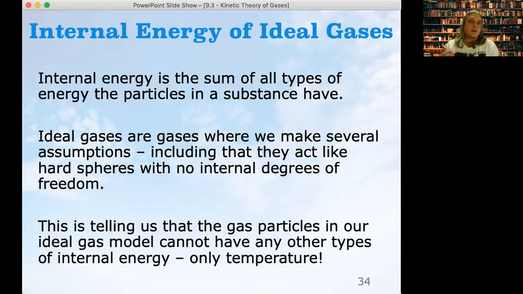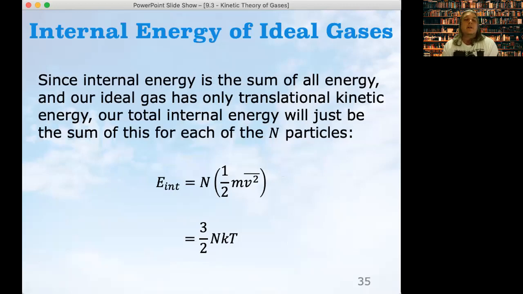It can't do the vibrating, the rotating, the chemical bonding or anything else. So that means that all it can have is its translational kinetic energy. So the internal energy of an ideal gas actually is just the translational kinetic energy, which is just the number of particles times the kinetic energy of each particle. Right? And so if we take our average kinetic energy, which we know is 3/2 kT, we can just multiply that by N. So we find that the internal energy of an ideal gas is 3/2 NkT.